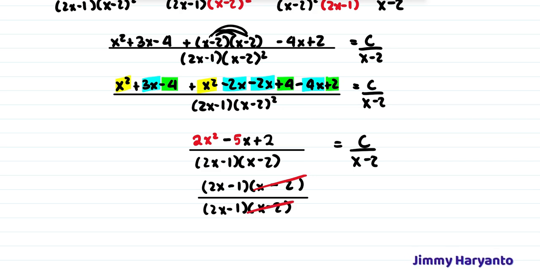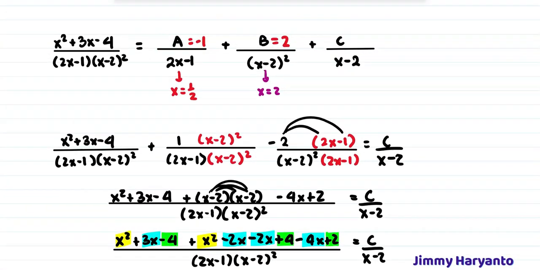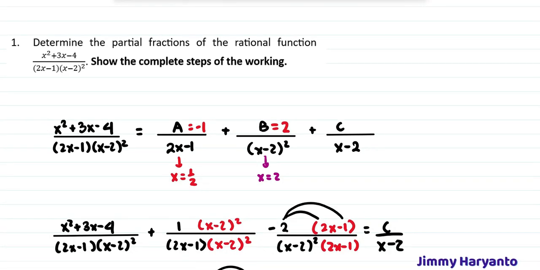Oh, this one also has a square, so you can cross out one of them, the square will be gone, and then 2x minus 1 will be gone also. So you will only have 1 over x minus 2 equals c over x minus 2. That means c equals 1. Yeah. Okay, so the final answer will be this one.